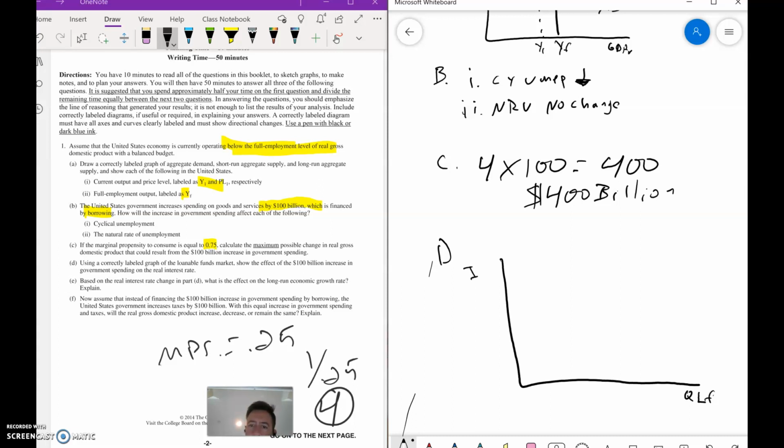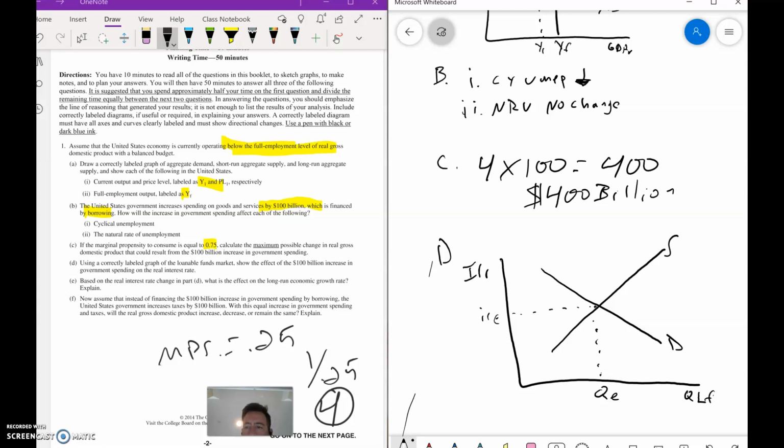We have interest rate. IR real. So let's draw our demand for loanable funds, the supply of loanable funds. Come down here. We can label this QE and label this IRE.